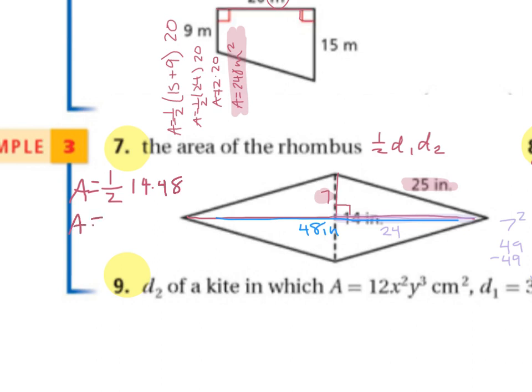So we can multiply the 1/2 times 14, which gives us 7 times 48. So our area is going to be 336. We can't forget, since it was given to us in inches, our answer needs to be inches squared. So this is our area.